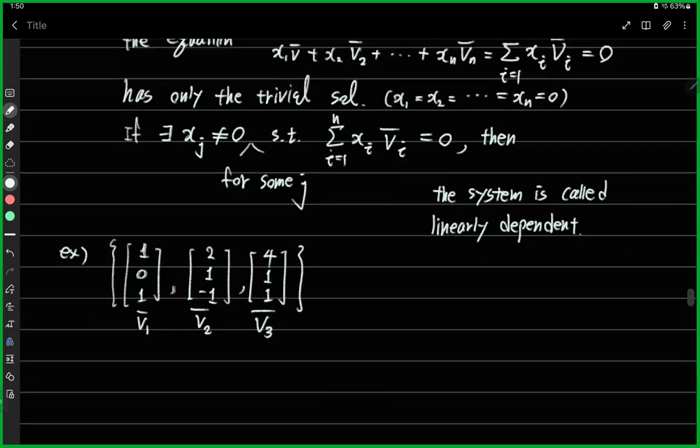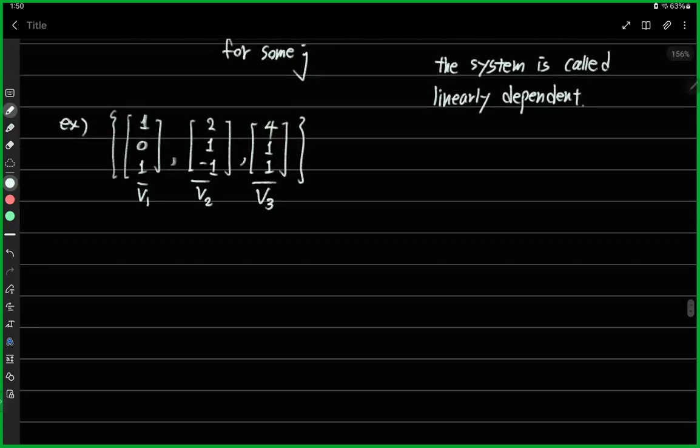What are you going to do? To test linear independence, consider these vectors as the columns of a matrix. Let's say we construct A as V1, V2, and V3. And now we're going to solve the equation AX equals 0.